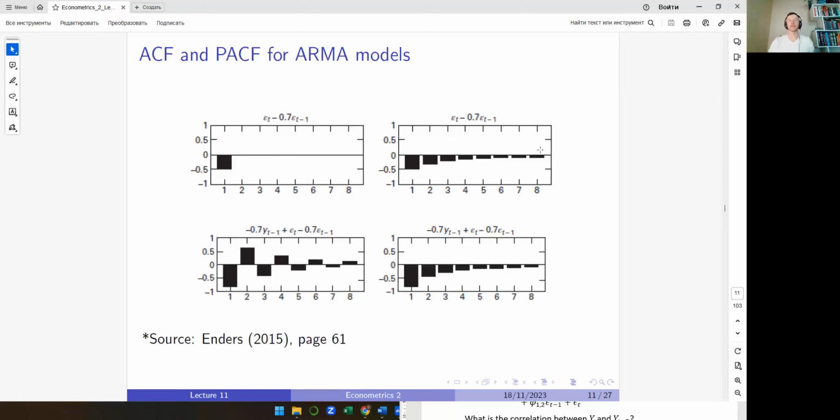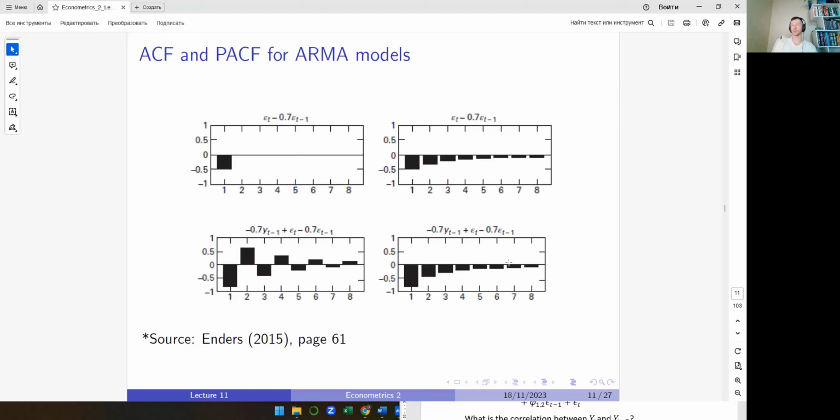Here we have, no, this is an ARMA(1,1) model, right? Because this is the AR part, this is the MA part. And for ARMA, you see that we have these fluctuations there and back for ACF. And also we have a PACF similar to the MA model. Well, this structure comes because of the AR part.